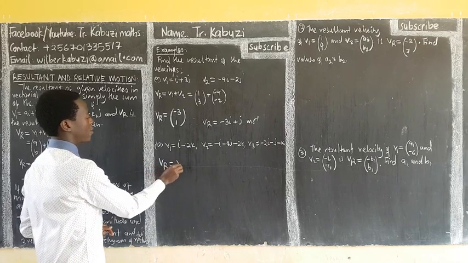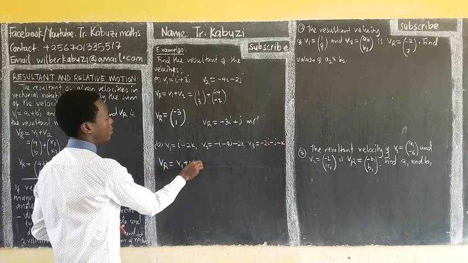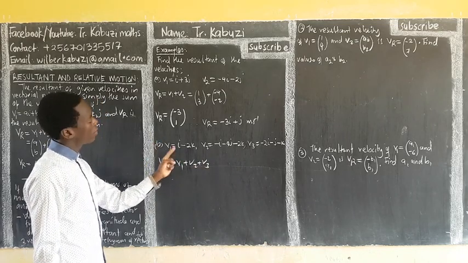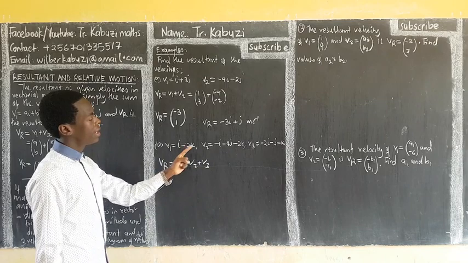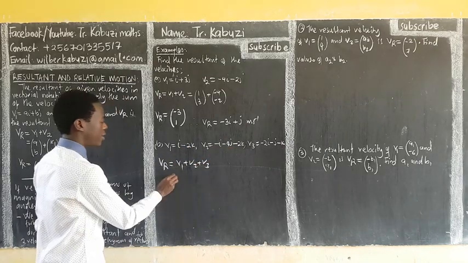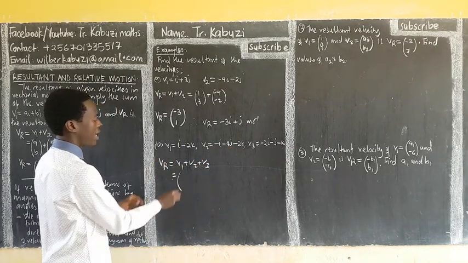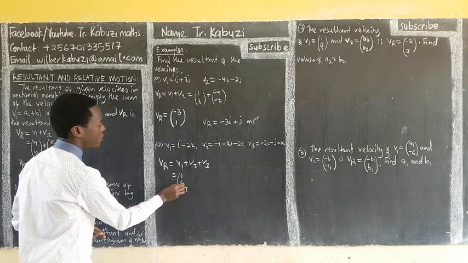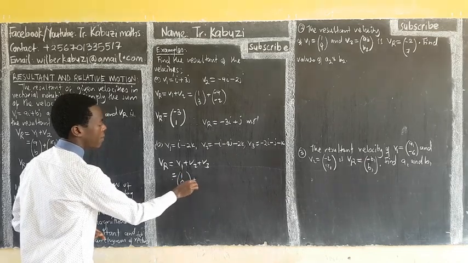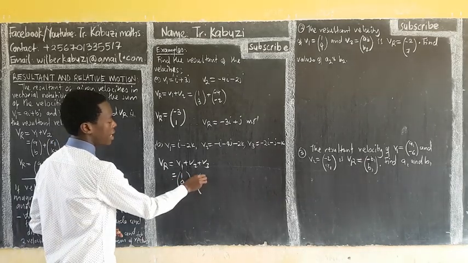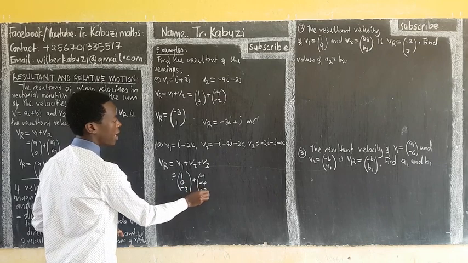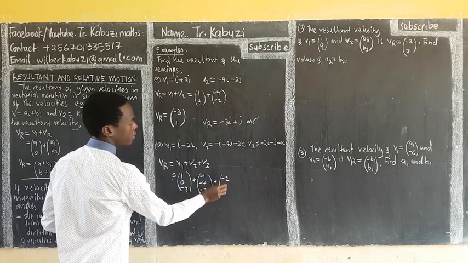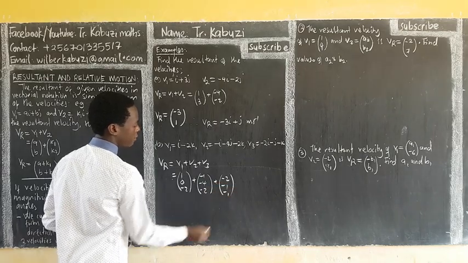Okay, they give us that. Then our resultant is going to be V1 plus V2 plus V3 because they are in vectorial notation of I, J, K. So V1, you see I is 1, you see we are missing the J, so J is 0, then negative 2 as our K. Then plus V2, we have negative 1, negative 4, negative 2. Then plus V3, negative 2, negative 1, negative 1.